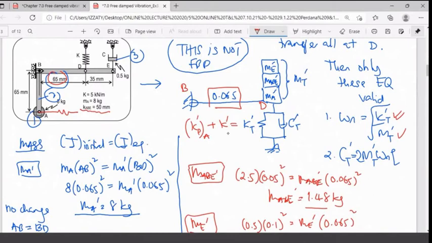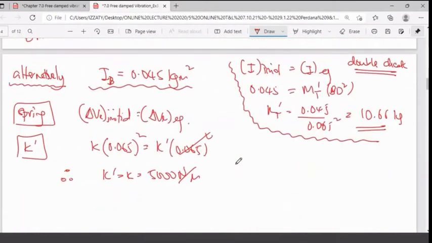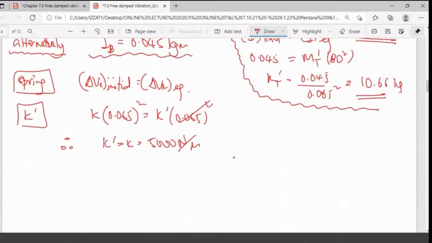Do you know what KP is, class? KP is basically the stiffness of the spring representing the pendulum, the effect of the pendulum. So you have the mg divided by L.